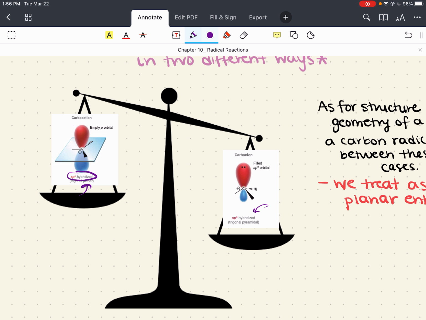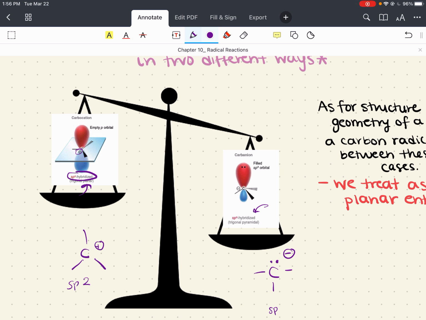All right, so in a carbocation, we have a carbocation because the carbon has 3 bonds. There's no lone pairs, okay? And it doesn't have an octet, hence why it has that positive charge, all right? This is sp2 hybridized. Now, in a carbanion, the carbon has 3 bonds and it has a lone pair, hence the negative charge on there.